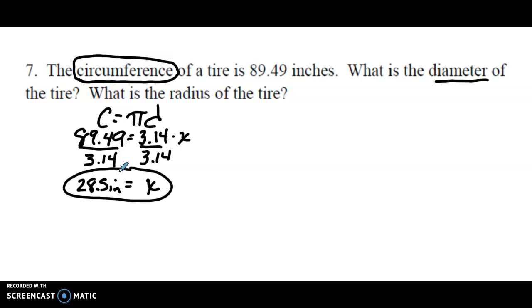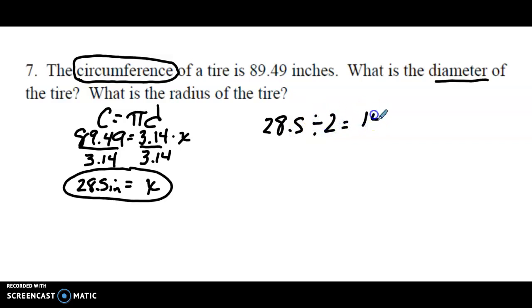Second question, what is the radius of the tire? Well, we know the diameter, so now we have to find the radius. So we know that the radius goes from the middle out, and the diameter goes all the way across, so the radius is actually half of that. So I'm going to find the radius by doing 28.5, and I'm going to divide that by 2.